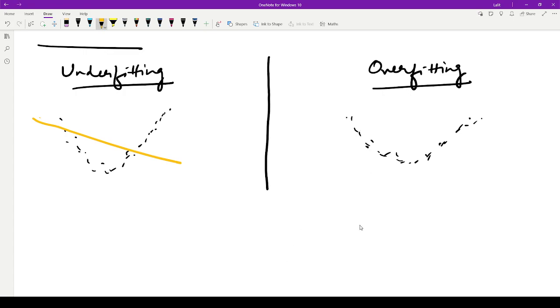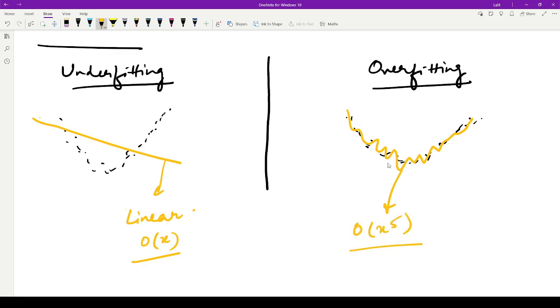But if you have a polynomial, probably fifth order, with x to the power 5, there's too much change in this curve.